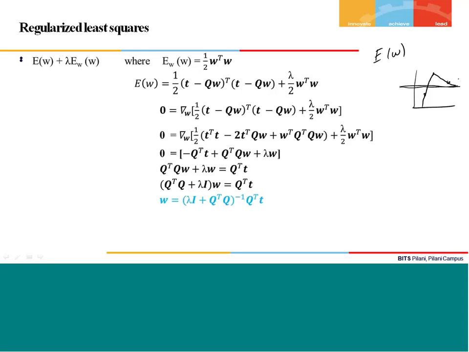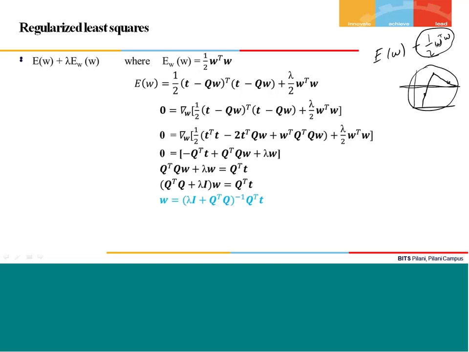This is all we have discussed very elaborately. So sum of square error minimization can lead to overfitting. To avoid that overfitting, we are adding a regularization term, that is half W transpose W. What it will do is help you keep a constraint over the values of these weight vectors, so that they will not grow large.